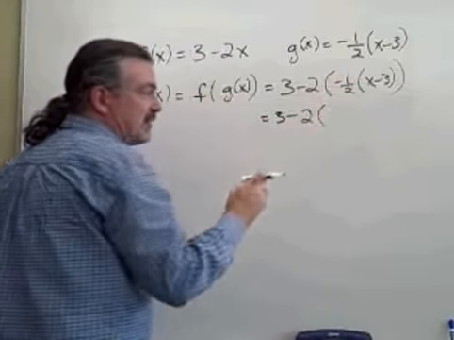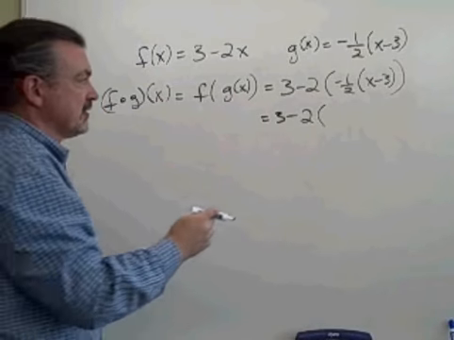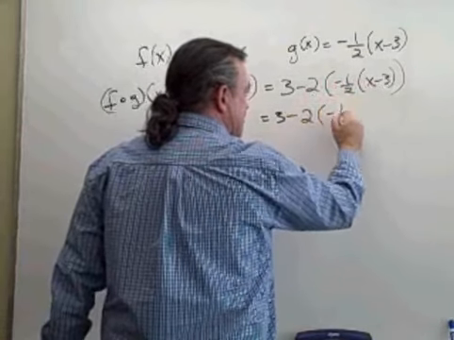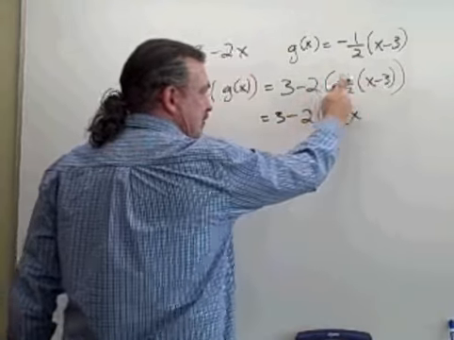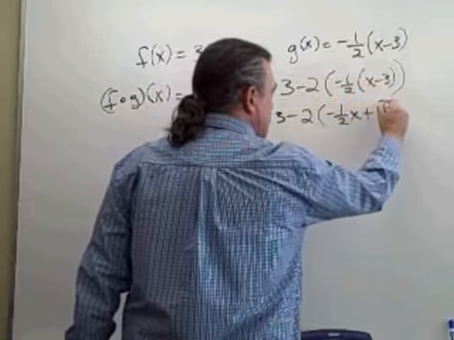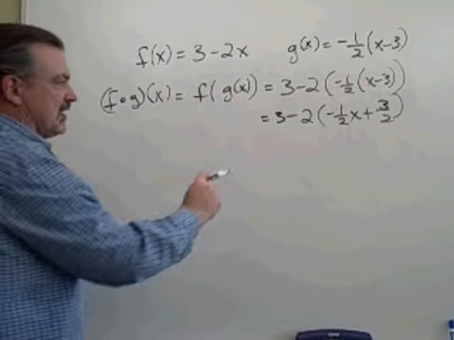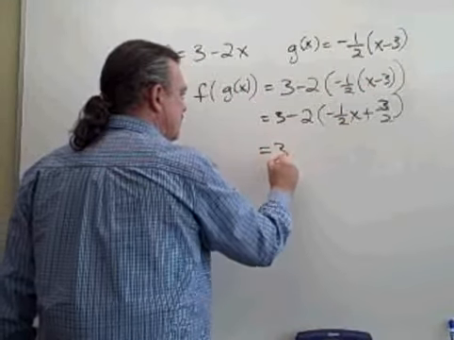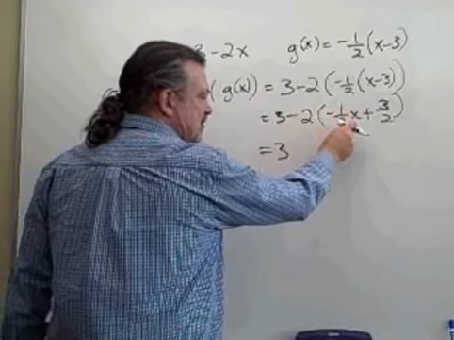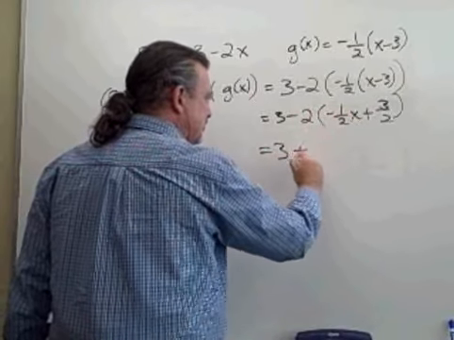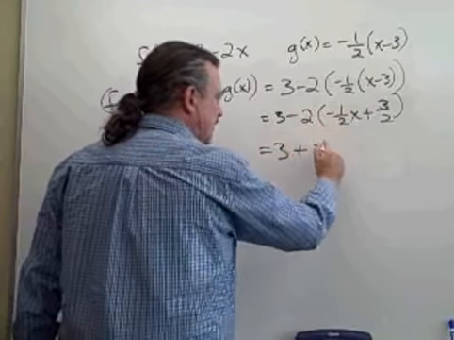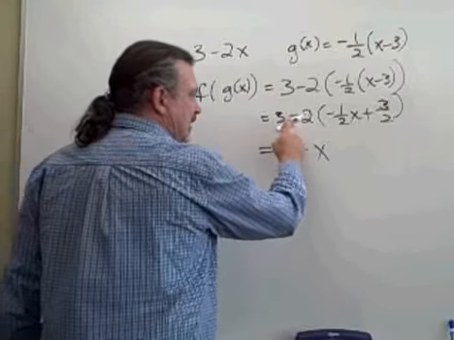Let's multiply through on the interior parentheses here. Negative 1/2 times x gives us negative 1/2 x. Minus a minus is plus, and that'll be 3/2. Now let's multiply by minus 2. Minus 2 times minus 1/2, minus a minus is plus, and 2 times 1/2 is 1. 1 times x is x.